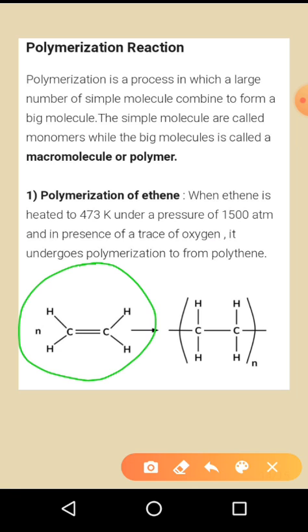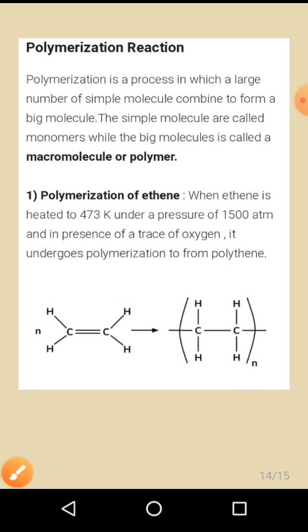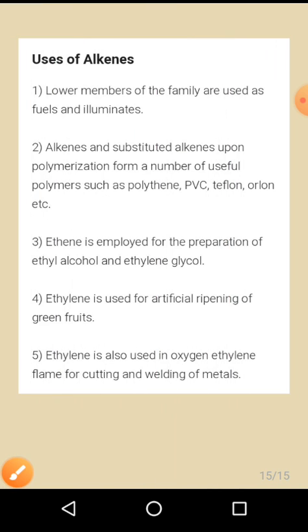A large number of these ethene molecules will combine to form polythene, CH2 single bond CH2. So here ethene is nothing but the monomer, and a large number of these ethene molecules will combine to form a polythene molecule. So this complete process is nothing but a polymerization reaction.